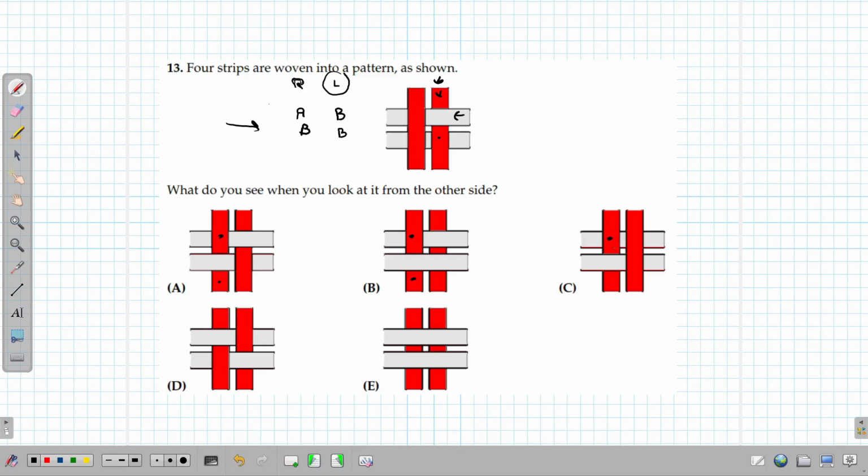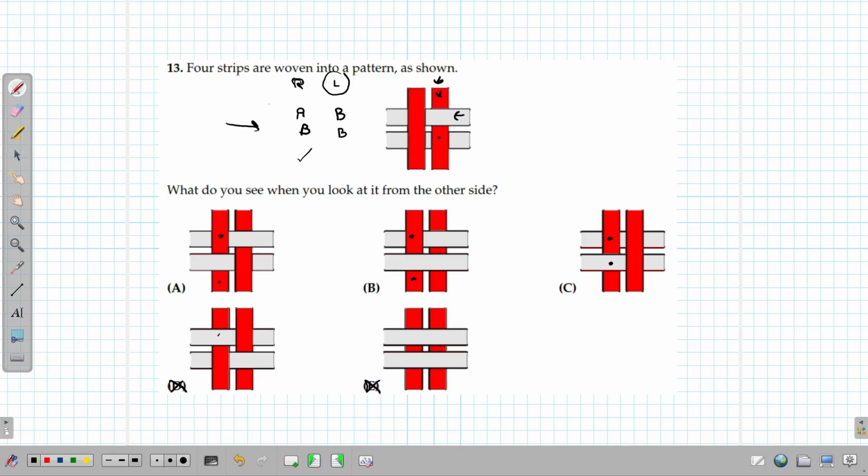This red strip is above the gray strip and it is also behind the gray strip. The red strip is not above the gray strip. It is actually behind. So D is not the answer. Option E, the red strip is not above the gray strip. So E cannot be the answer.